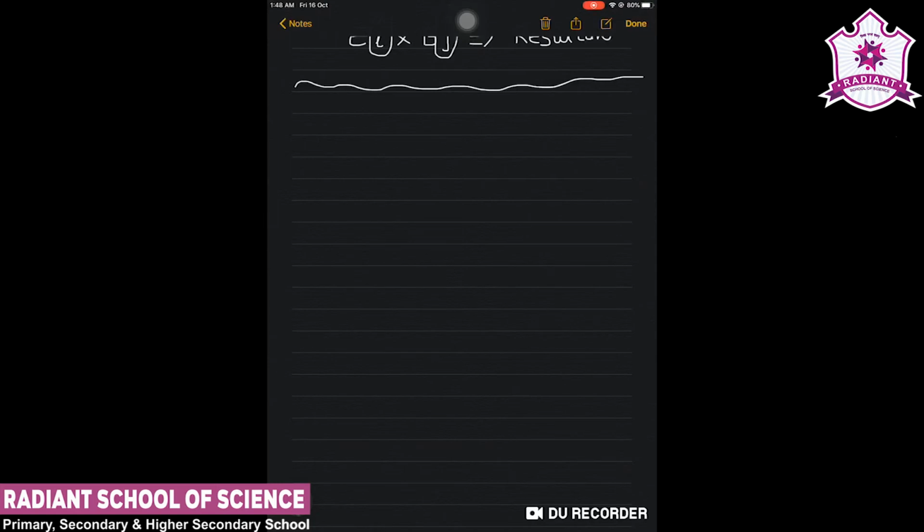So we are given one frequency, F1, which is 7.5 megahertz, that is 7.5 × 10^6 hertz. F2 is the other end of the band, 12 megahertz, that is 12 × 10^6 hertz. This is the range that they have given.